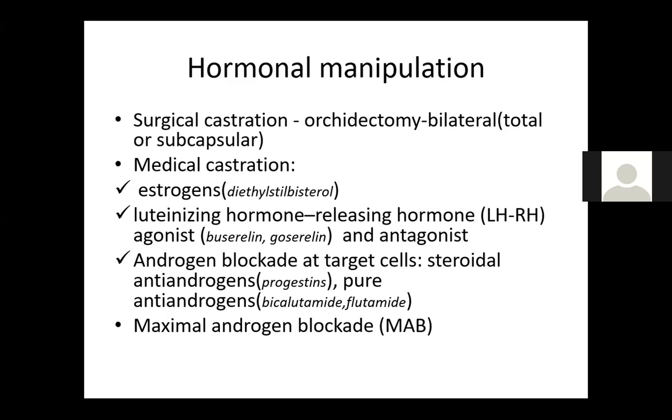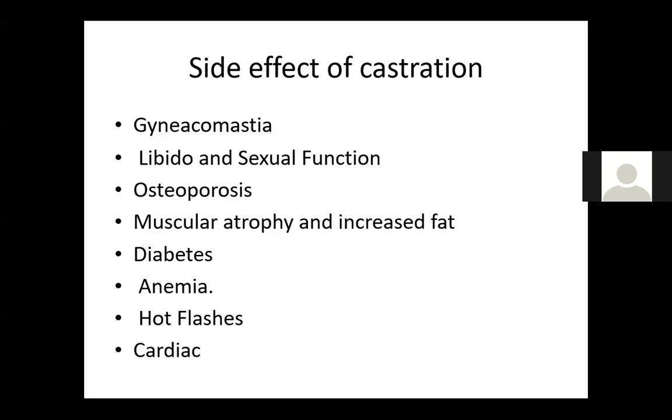Total, because you have now blocked the 95% and the 5%. So when we talk of maximal androgen deprivation therapy, it means we are talking about blocking 100% of the androgens, okay? And you do that by doing either surgical castration or medical castration. And when you do those, you add an anti-androgen. And that's how you achieve the 100%.